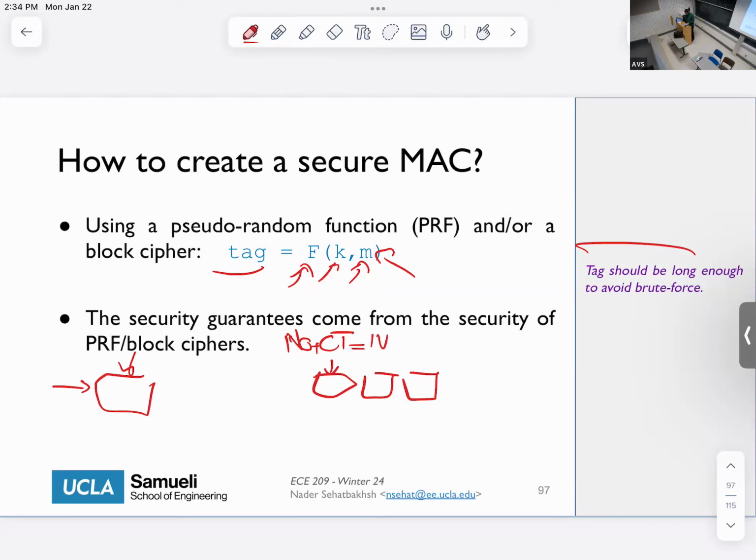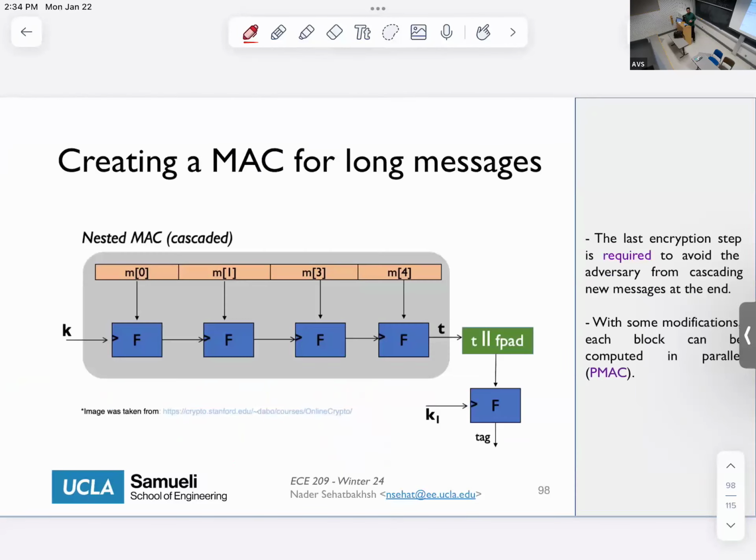We send the IV here encrypted, then XOR it with the message, and then send it here. Here, we basically do the same thing, but this time we increment the counter by 1 and then do the same thing for the message. And we keep repeating this, right? So the counter and the nonce is the connecting factor between different messages. For MACs, we also need to come up with some form of solution.